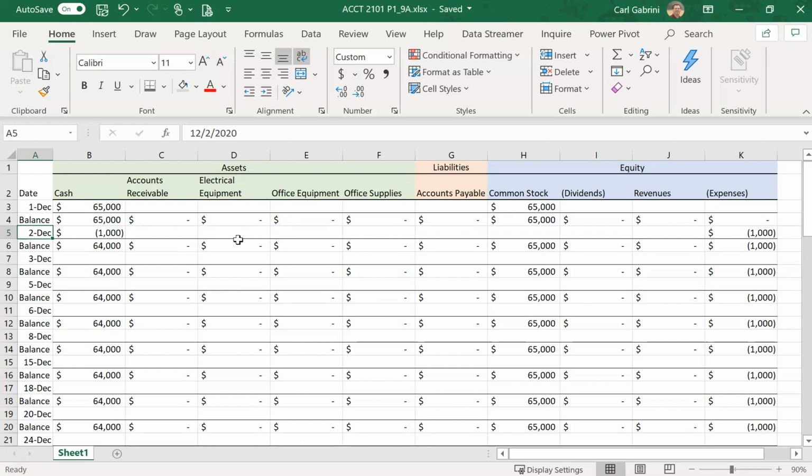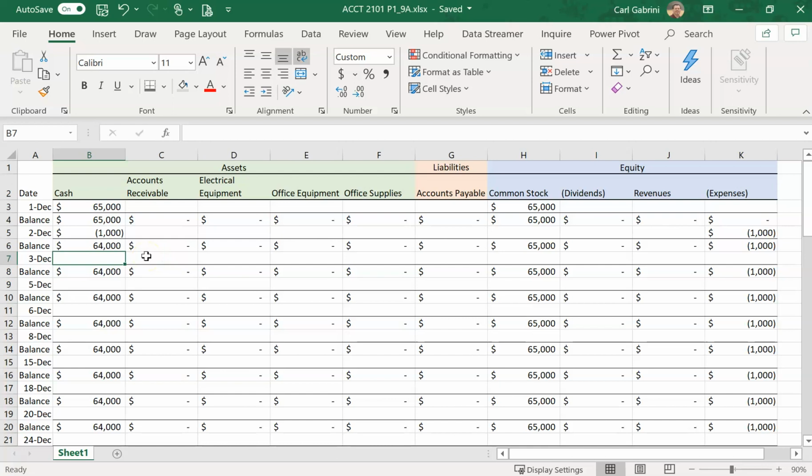So I'm going to move on now to the third transaction that I talked about. I think I started to read it before. The company purchased $13,000 of electrical equipment by paying $4,800 cash and agreeing to pay the $8,200 balance in 30 days. This occurred on the 3rd.